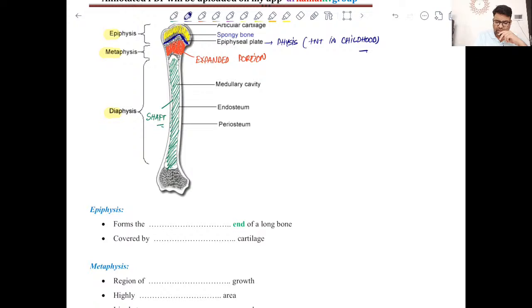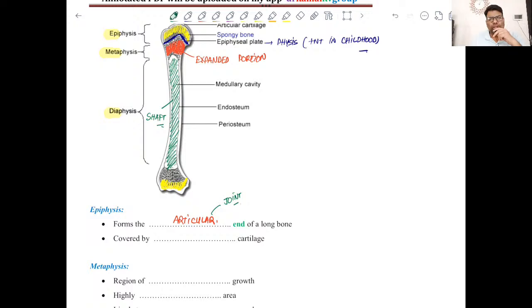Now as you can see here, the epiphyses are the ends of a long bone, and these are meant for articulation, right? So we call them articular ends. When we use the word articular, it means related to joint.